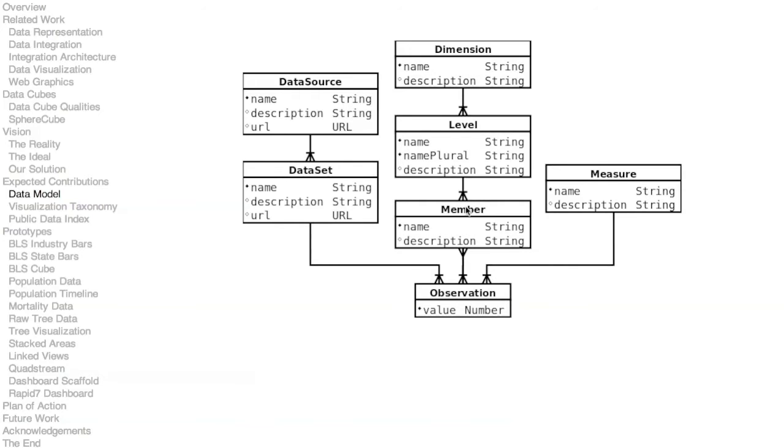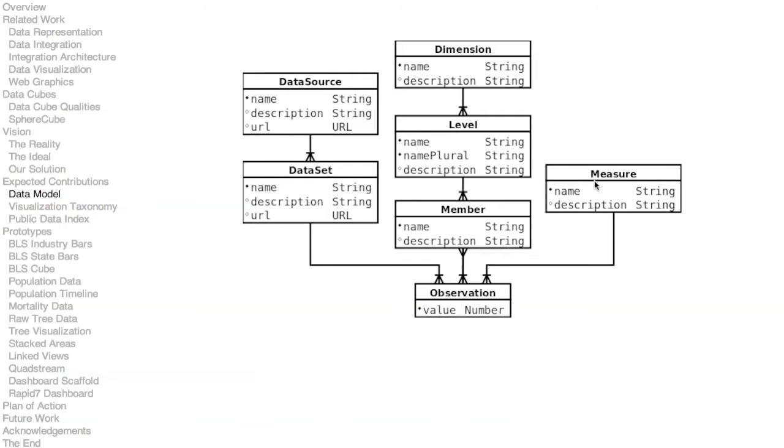Those are what levels are. And members are particular things within each level. So within the year level, for example, a member might be like 1999. Or within the level of countries, there would be one member for each country of the world. So that's what members are.